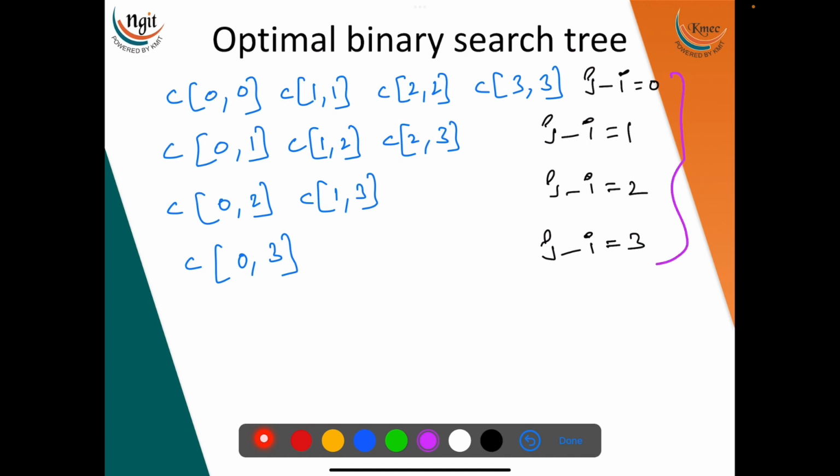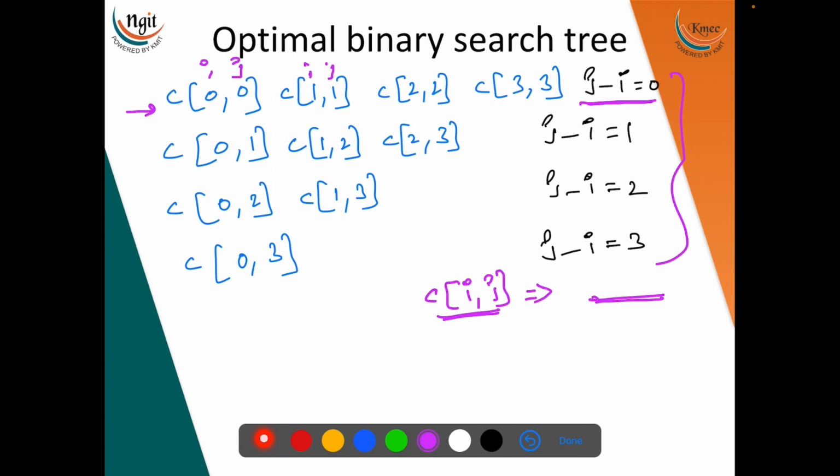Look at this. We are calculating C i comma j. When we are supposed to calculate C i comma j, there are terms which are producing the bigger values. That's the reason I'm making the formula simplified. When j minus i is equal to 0, keeping in mind this is i and this is j, j minus i is 0 for all these cases.